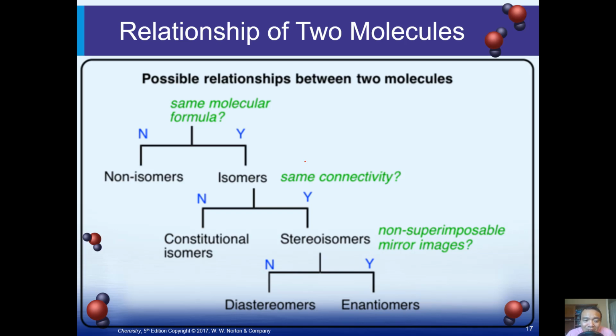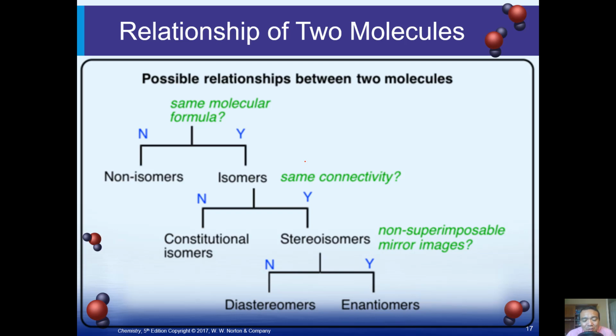If they're isomers, they could be constitutional isomers, which have the same chemical formula but different connectivity between atoms. If all the connectivities are the same, then they are stereoisomers. Stereoisomers can be further classified as enantiomers and diastereomers.